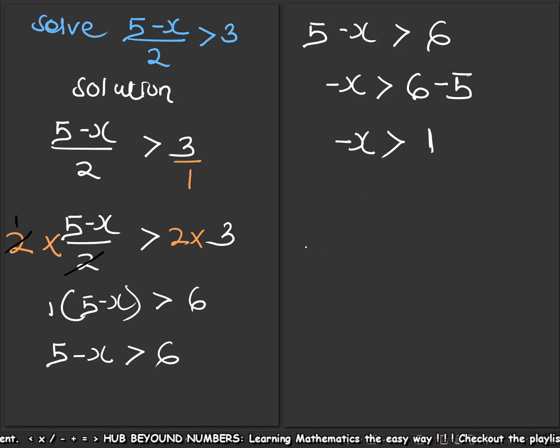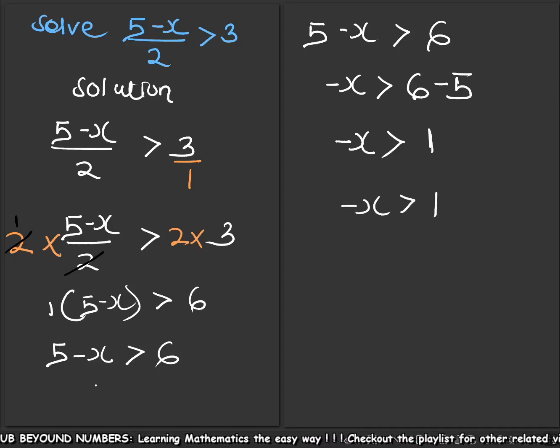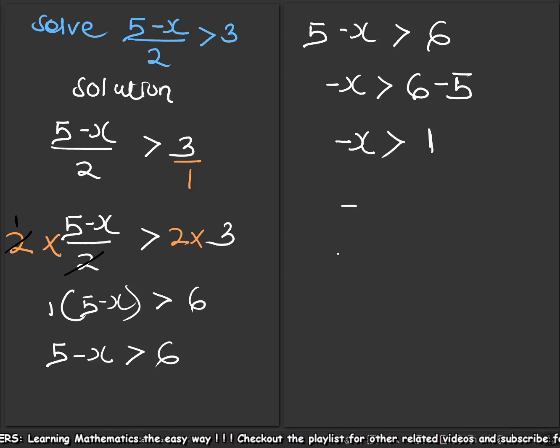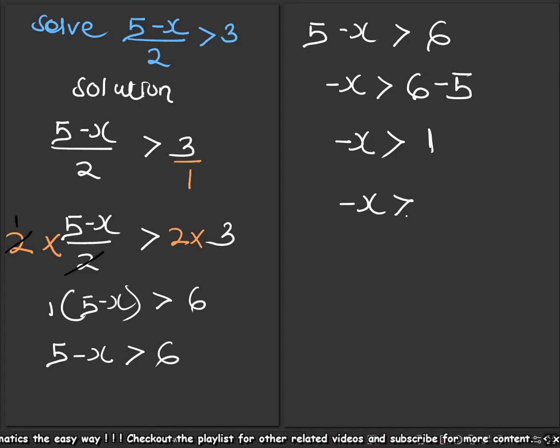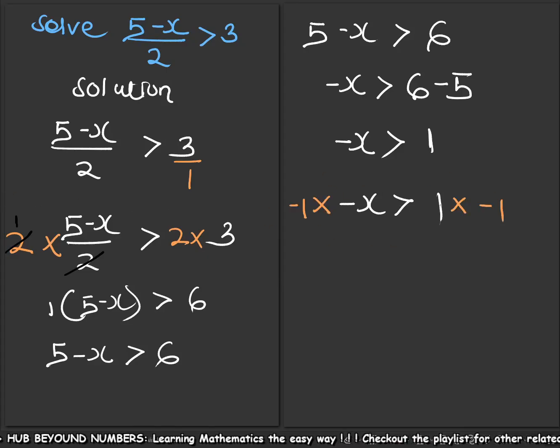So we will divide both sides by negative 1, or better still, multiply both sides by negative 1. So you have times negative 1 and then times negative 1.